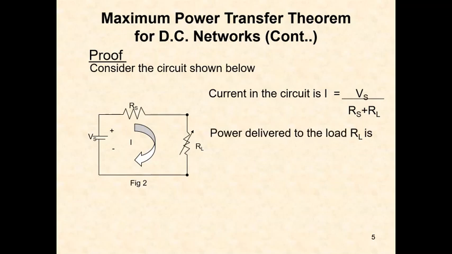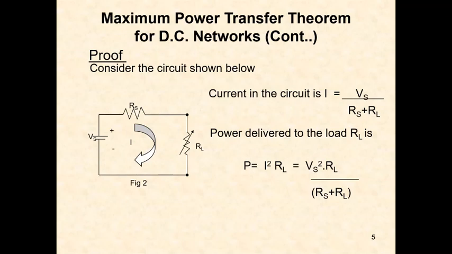So the power delivered to the load RL is I squared into RL. Replacing I with Vs by Rs plus RL, P is equal to Vs squared RL by (Rs plus RL) squared. This is the power.